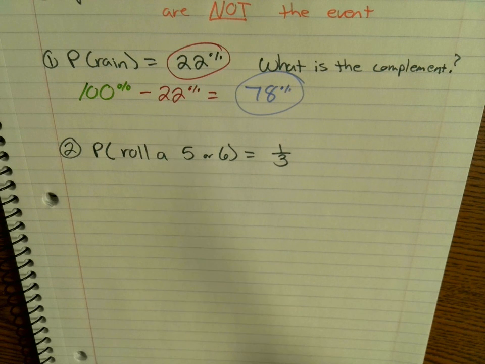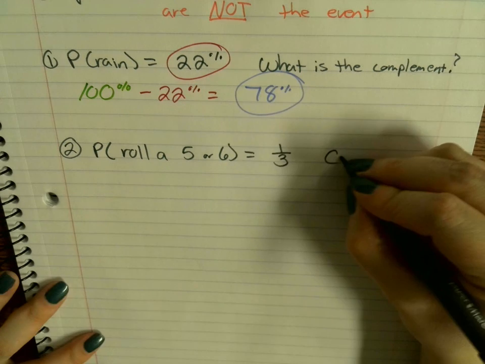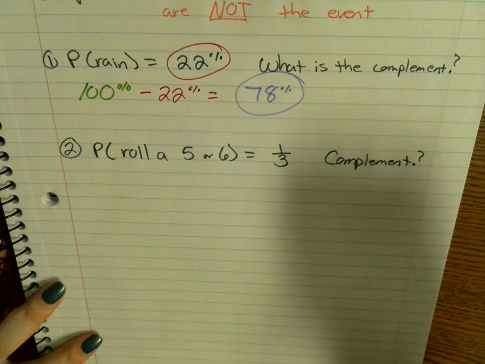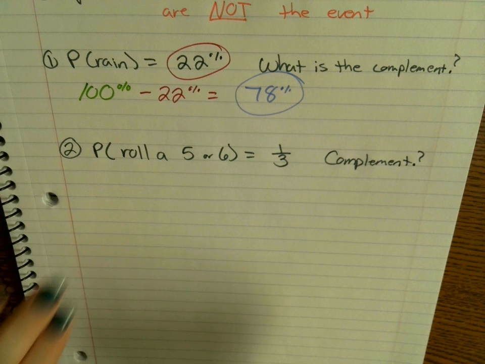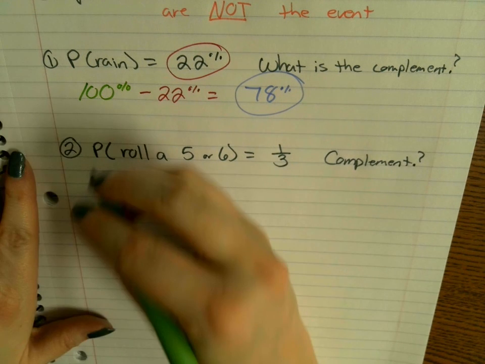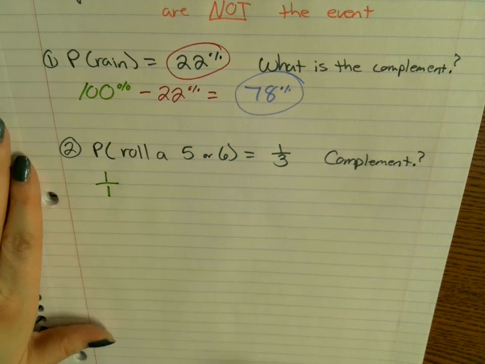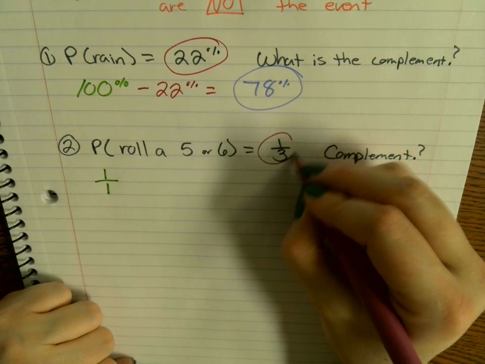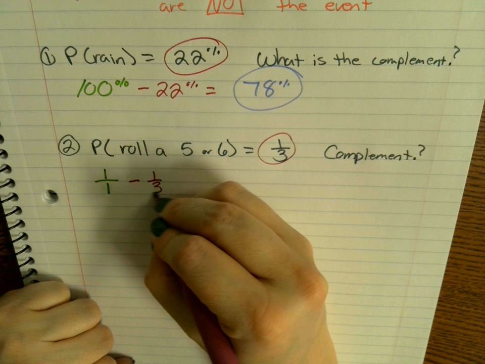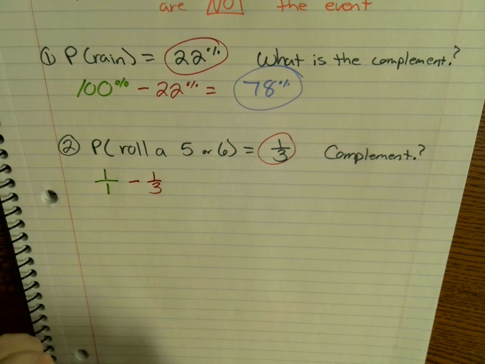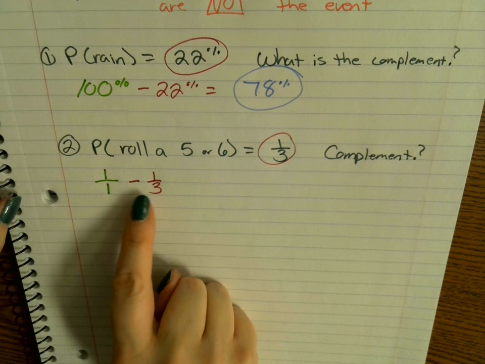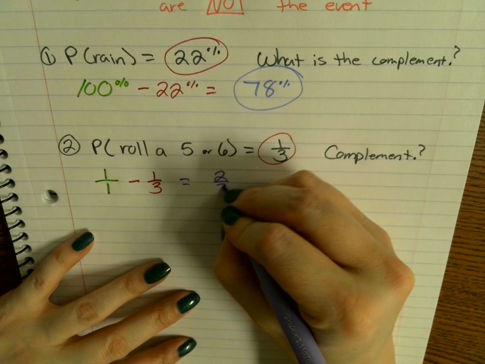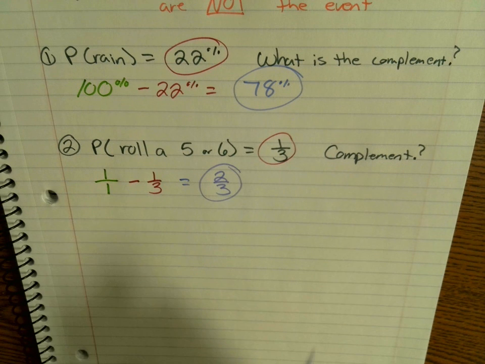So if I want to know what is the complement, again, because it's in fraction form, I need to take a fraction whole, so 1 whole, and I'm going to subtract the probability that the event does happen. So I'll do 1 whole minus 1/3, and that's going to give me my complement, 2/3. So it's a 2/3 chance that I will not roll a 5 or a 6.